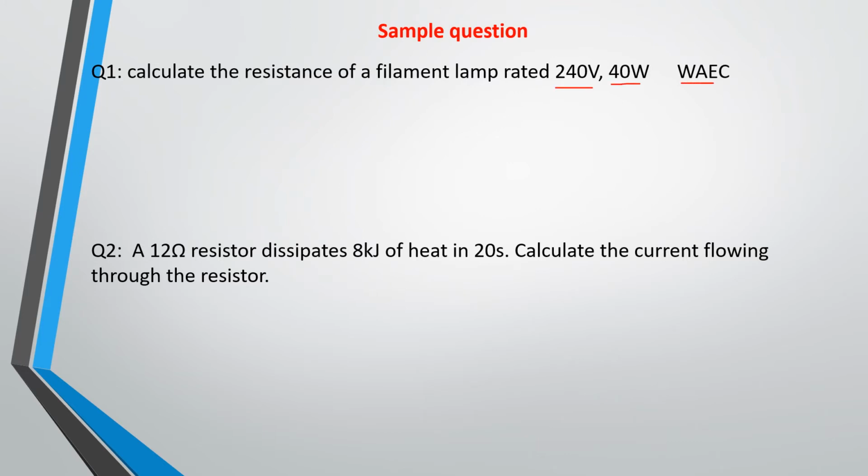Now, what this means is that the power consumed by the filament is 40 watts when 240 volts is delivered through the filament. So this is the power consumption. They say calculate the resistance.